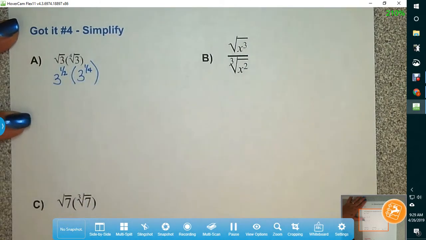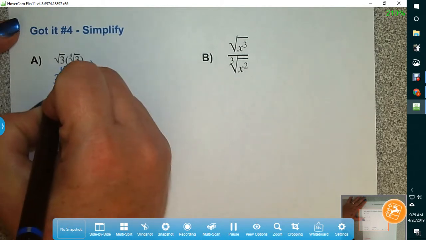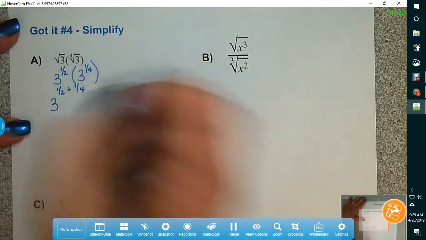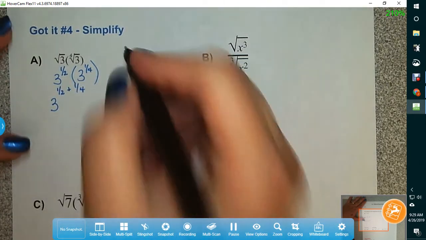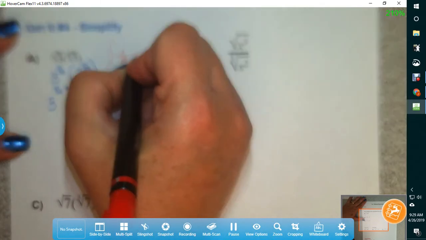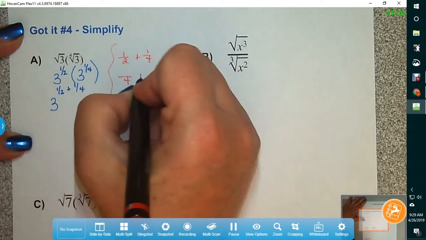Okay, this is a multiplication problem. My bases are the same, so I'm going to keep my base and add my exponents. The problem with that is my fractions don't have a common denominator.